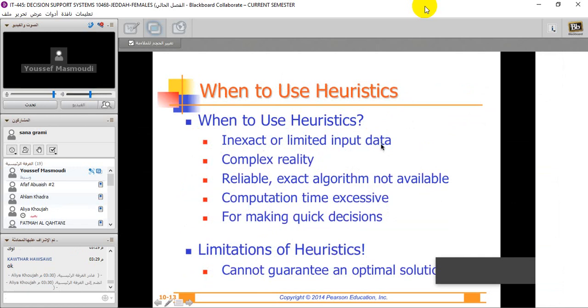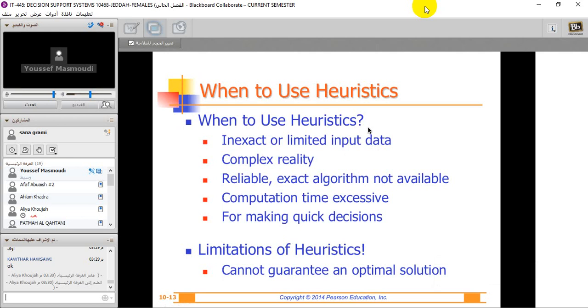So when to use heuristics? Inexact or limited input data. When you have inexact data or limited input data, we suggest using heuristics.